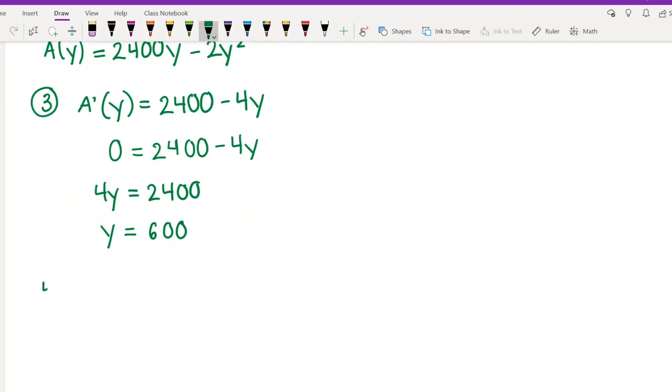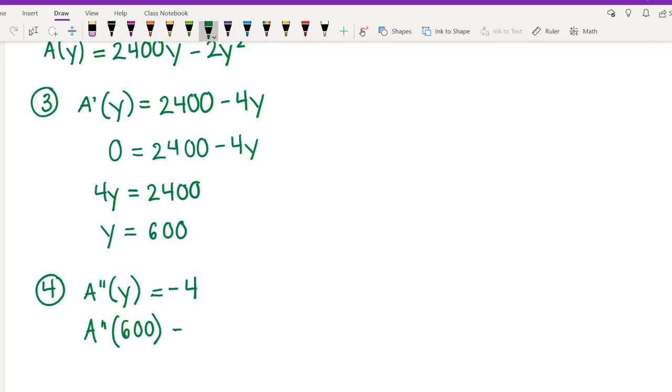So now we can double check that that is actually a local maximum. And the way we do that is we take the second derivative and then we plug in our critical number. So if the first derivative was 2,400 minus 4y, the second derivative is just going to be negative 4. And so what does that tell us? That tells us that the graph of this area function is always concave down.